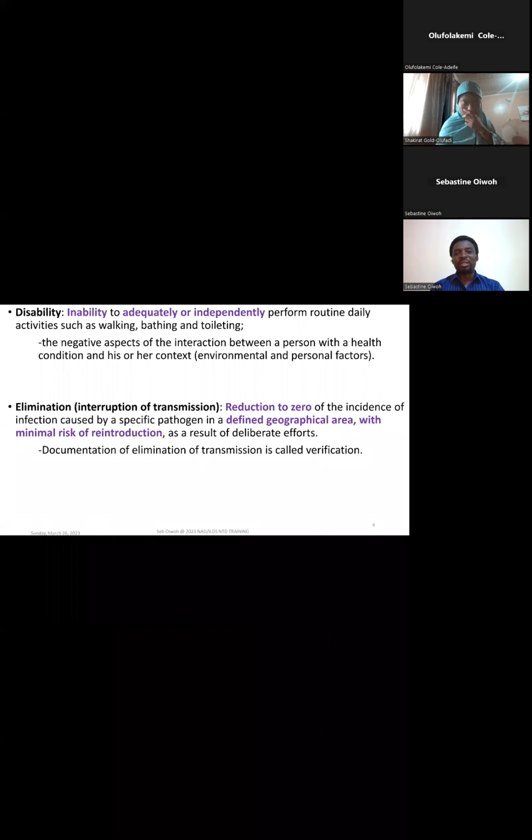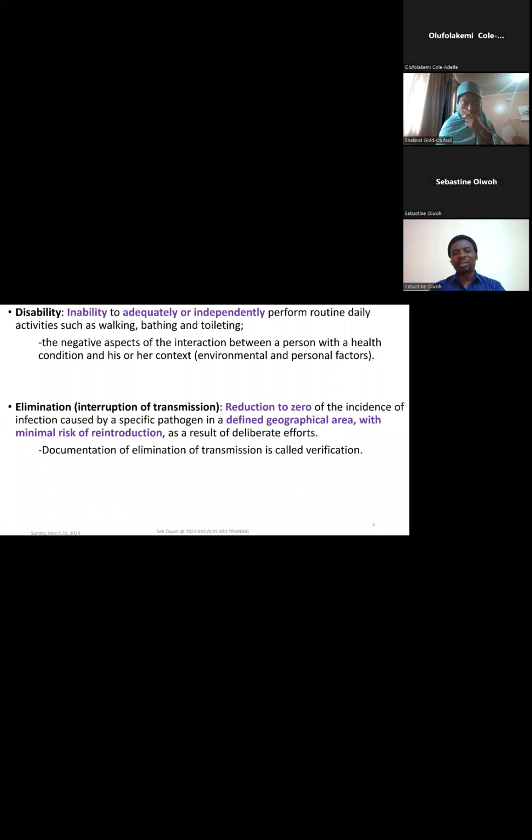Disability: inability to live an independent life, which can also be explained by the incongruence between the person with the disease and the environment. Elimination: there are about three definitions for elimination that will be important to take note of.